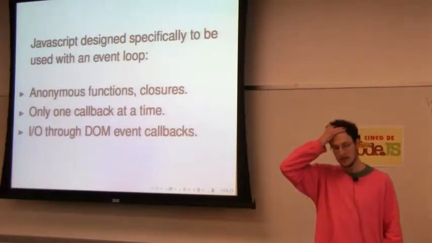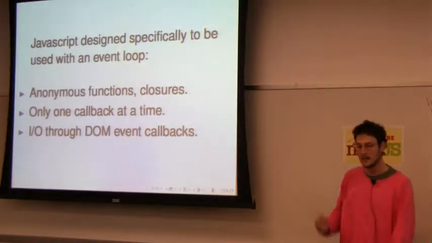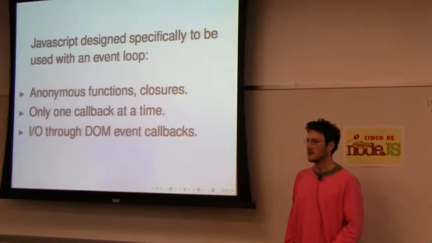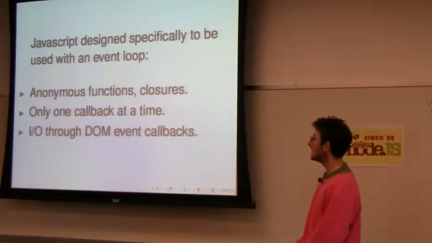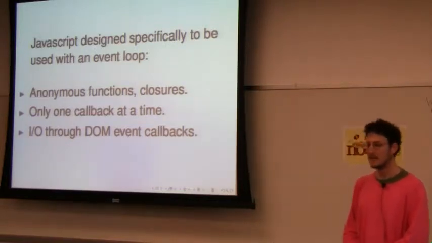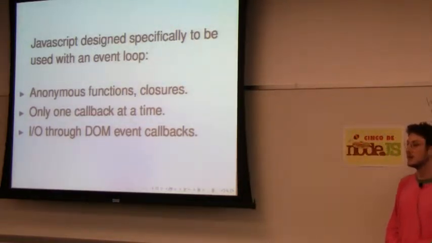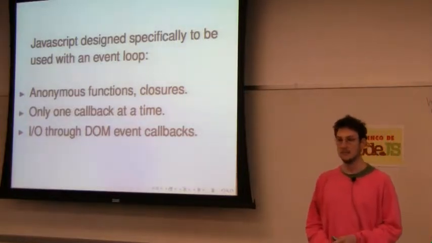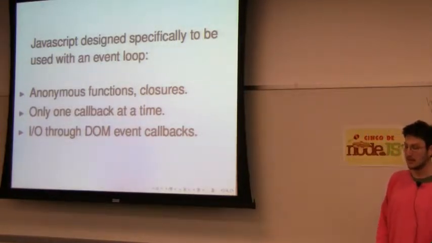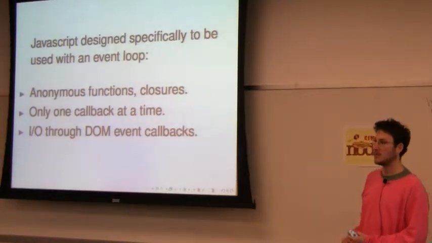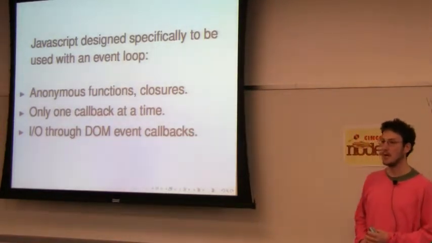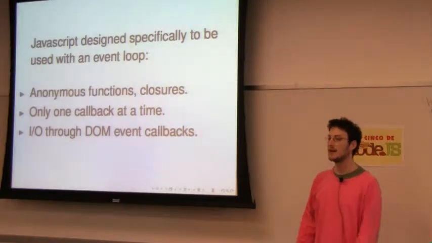So what's really nice is browser JavaScript. Man, they got it right. They really got it right. It's just amazing. It's designed specifically to be used within an event loop. So it has all these nice language constructions like anonymous functions and closures. But the real beauty is in the programming model of the browser, where you just get these callbacks.